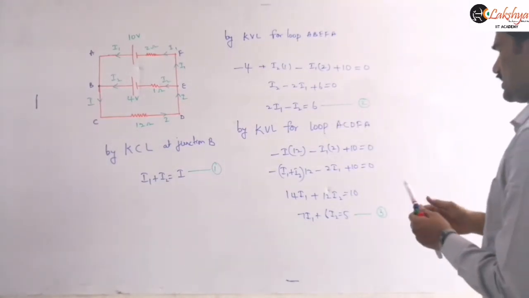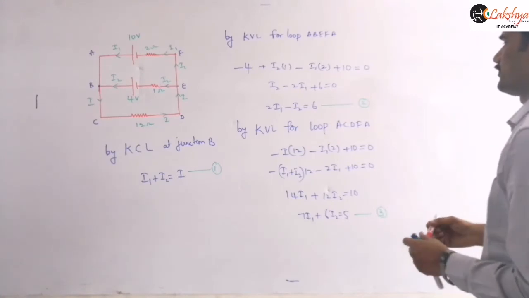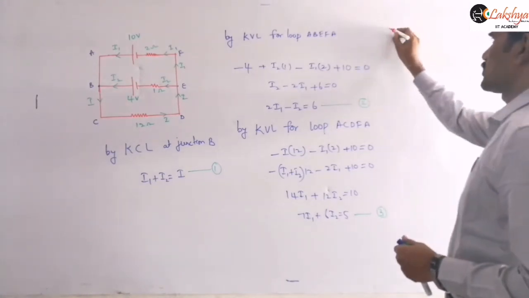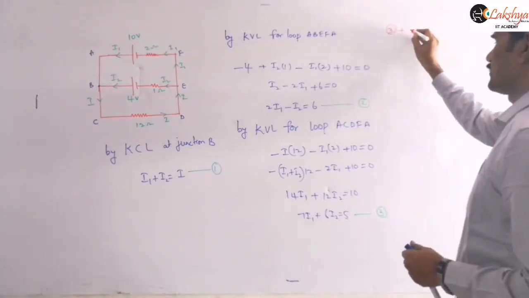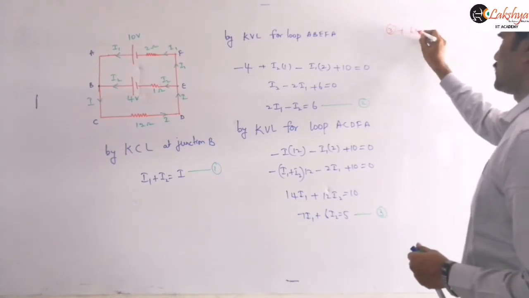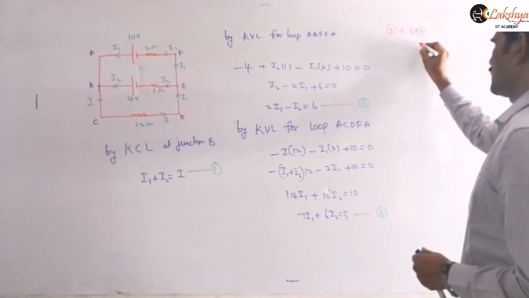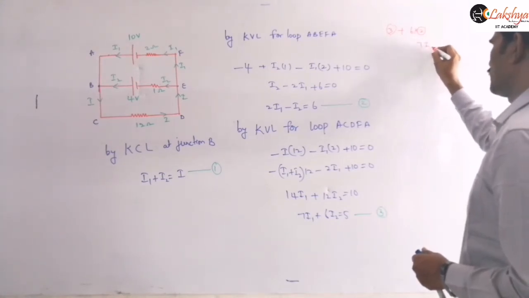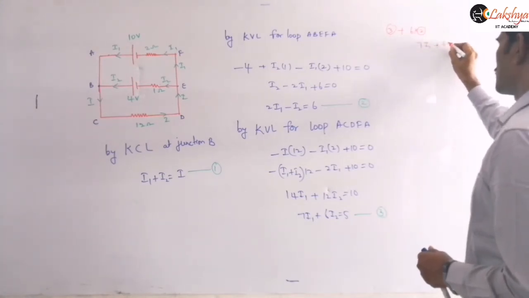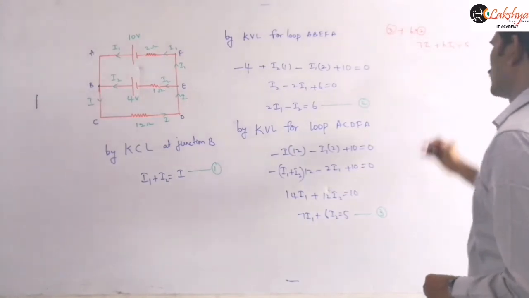So I am writing equation 3 plus 6 into equation 2. Equation 3 is 7I1 plus 6I2 is equal to 5.